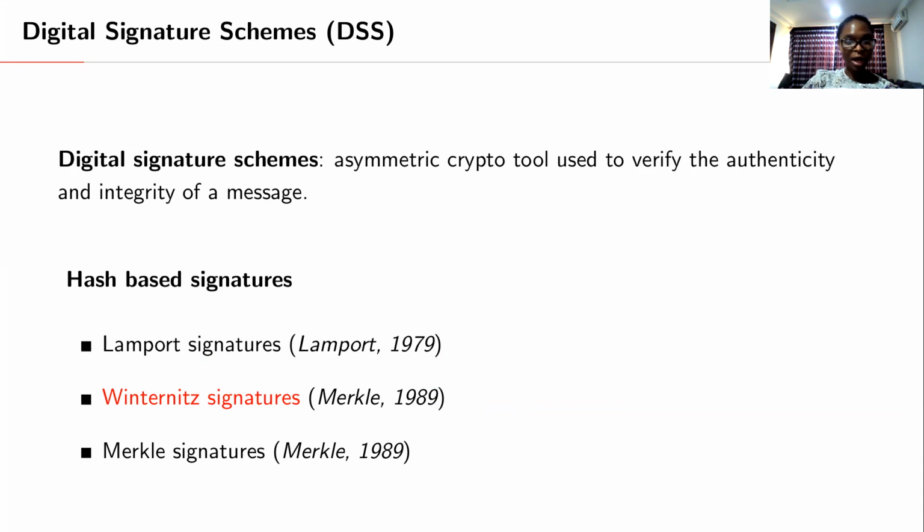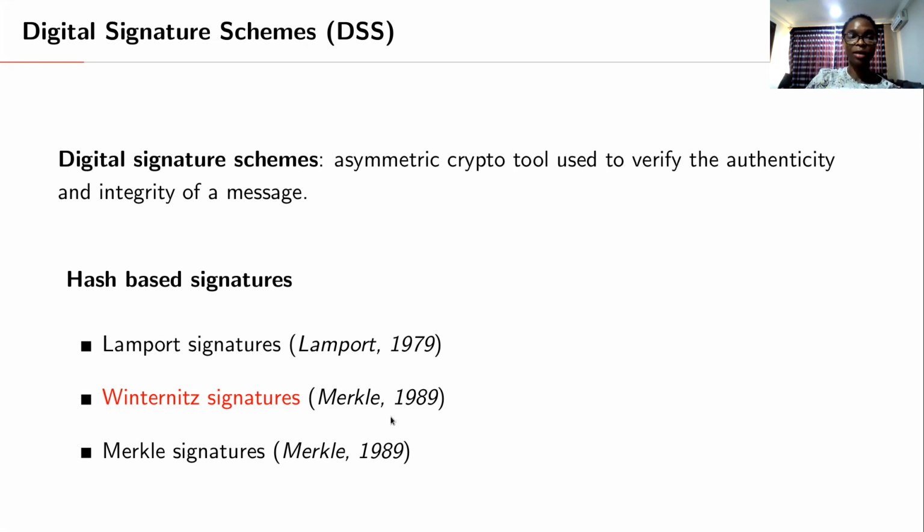Examples of hash-based signature schemes are the Lamport signatures, the Winternitz signatures, and the Merkle signatures. The Lamport and the Winternitz are both one-time signature schemes, meaning that the key is only used once. Merkle signatures are a multi-time signature scheme. In this work, we will focus on the Winternitz signature.